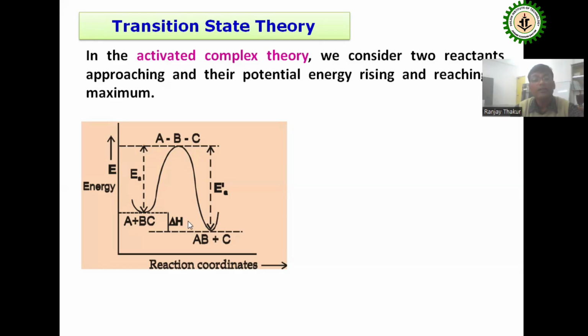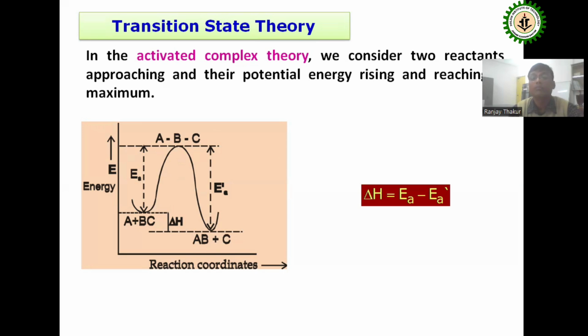So when we write the overall reaction, some amount of energy is released, and so this one is an exothermic reaction. If energy is absorbed, it is endothermic. If there is no loss or gain, it remains isothermic. But in this example, we clearly see that after completion of the reaction, some energy is released, so this is an exothermic reaction.